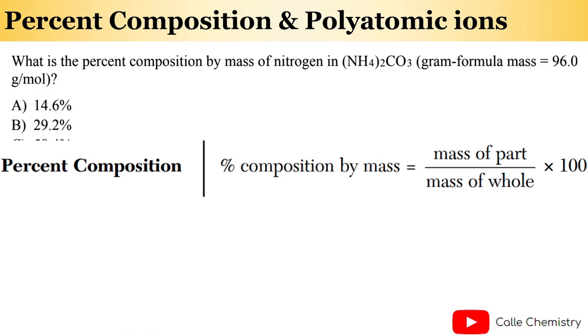And the reason that it's nitrogen is because it's saying what is the percent composition of nitrogen in this. So the nitrogen is the part, while the whole is the whole compound that we see here. This is the whole. So I'm going to label this, and this is the part.